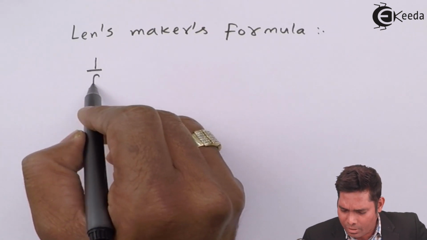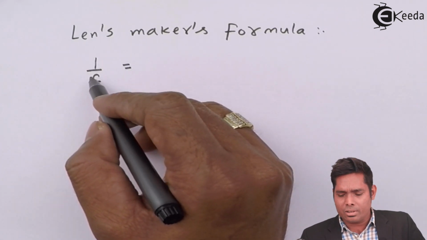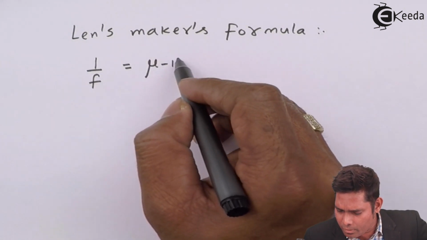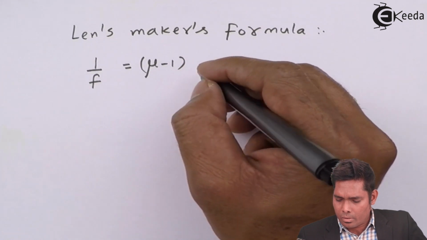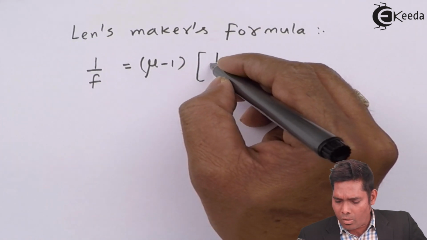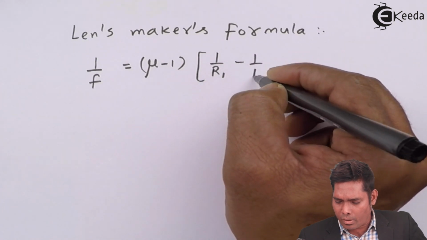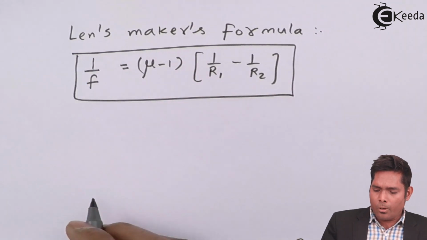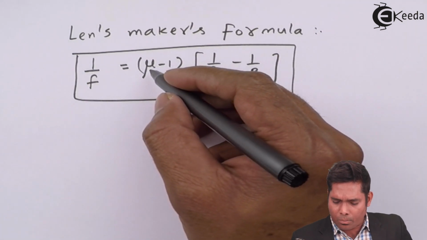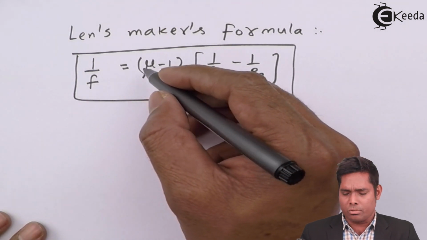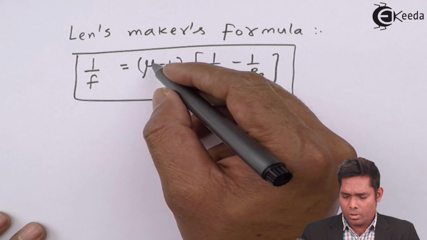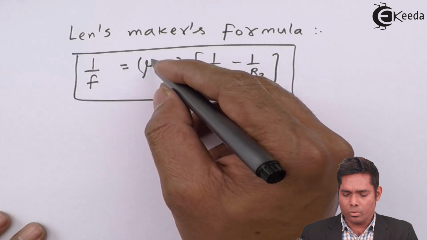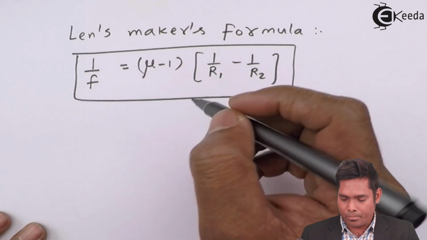It says that the focal length of the lens, 1 upon f, it might be any type of lens, is given by mu minus 1 into 1 upon r1 minus 1 upon r2. This is the formula, where this mu is the refractive index of the lens with respect to the medium in which it is kept.